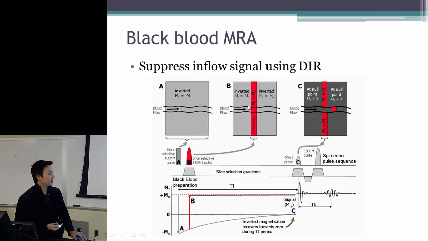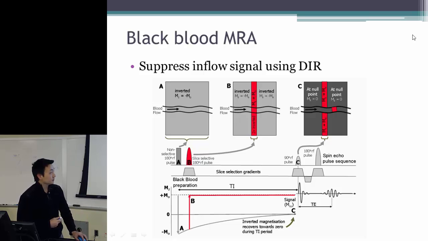If we remember, after the inversion recovery pulse, the magnetization will slowly recover towards the equilibrium, and at one point it will reach zero magnetization along the z-axis.